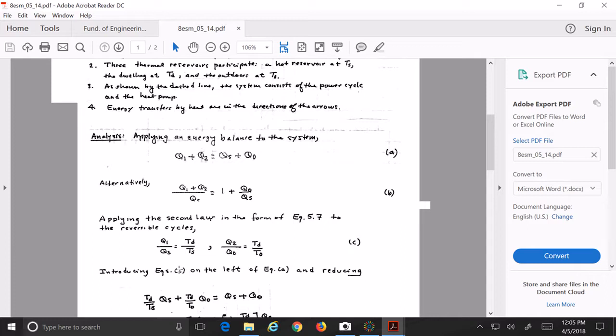Q1 plus Q2 divided by, what do we divide by, QS or Q0? By QS equal 1 plus Q naught over QS. Applying the second law, okay, now I see what they have done. Then they do Q1 over QS equals TD over TS, no?